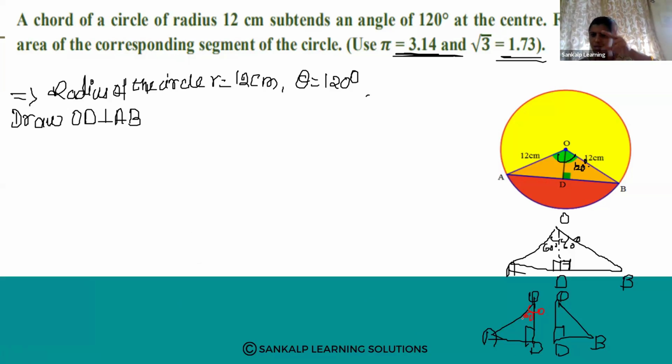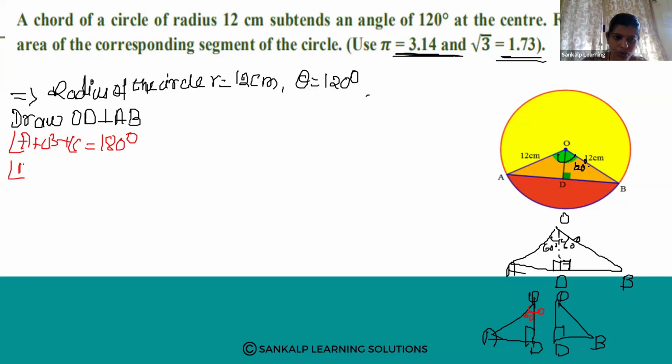By using these two angles, we can find the third angle. We know the property that angle A plus angle B plus angle C is equal to 180 degrees, because the sum of the interior angles in a triangle is 180 degrees.